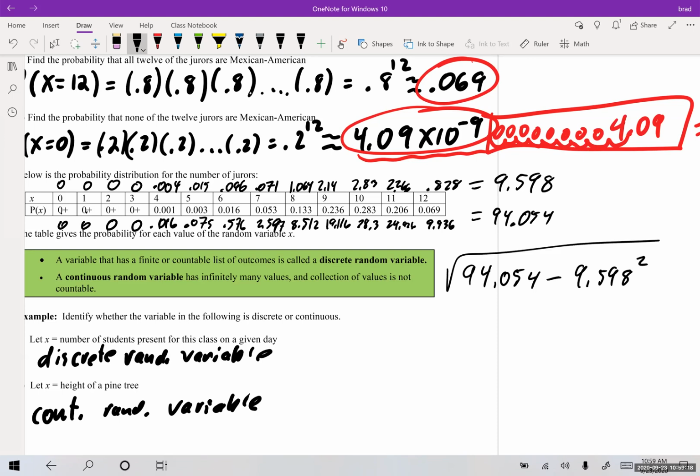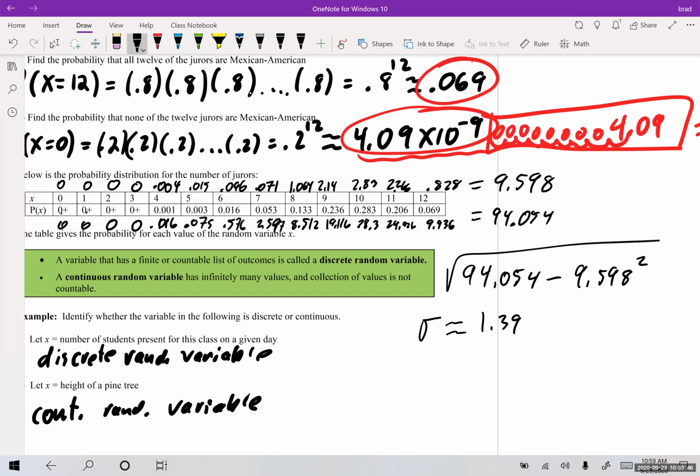Okay, so if I do that, I get 94.054 minus 9.598 squared, and then I square root that. I get 1.39-ish for my standard deviation, okay?